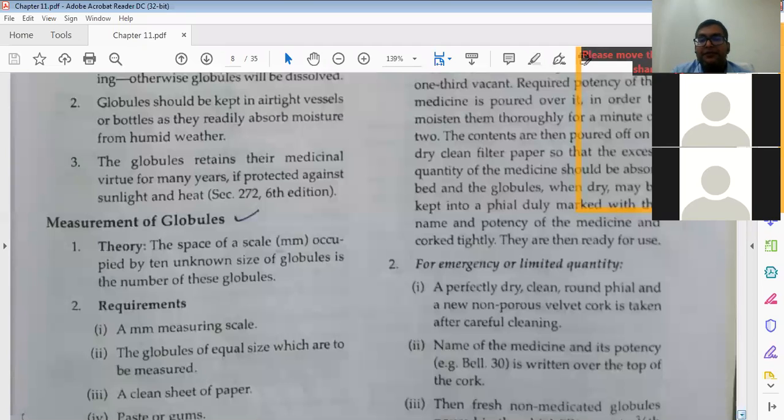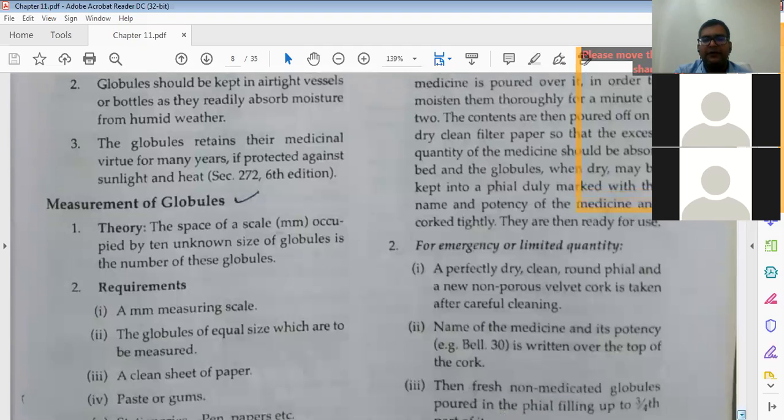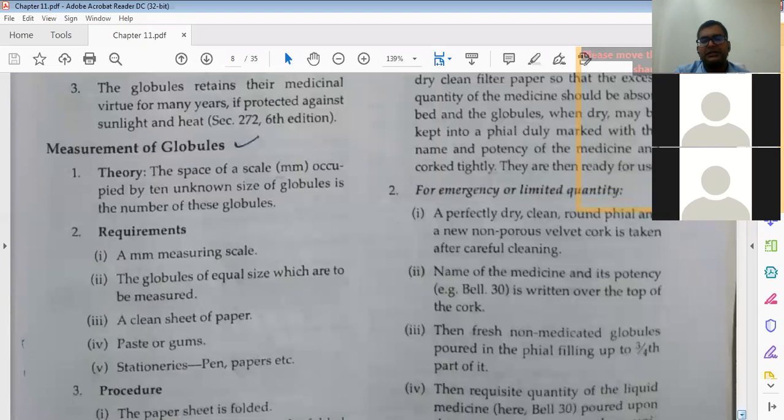A perfectly dry, clean, round file with a non-porous cork is to be taken and carefully cleaned. You have to clean it, keep one file, and in that you have to keep the medicine. It should be properly cleaned. Then after that, the name of the medicine and its potency should be written.